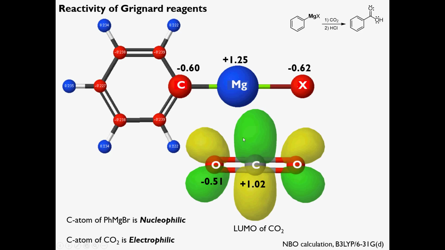And then upon acidic workup, as we see here with HCl, and as you did in the lab, we generate the corresponding carboxylic acid. So this is the first step of the reaction: transfer of electron density from the carbon-magnesium bond into the acceptor orbital, into the LUMO of CO2, the largest lobe of which is present on the central carbon atom.